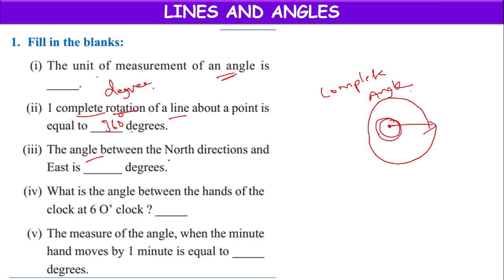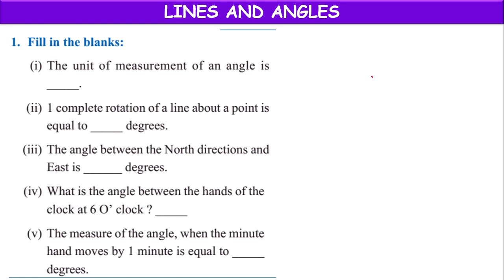So the angle between north and east. North and east are mutually perpendicular to each other, 90 degrees, a right angle. What is the angle between the hands of a clock at 6 o'clock?